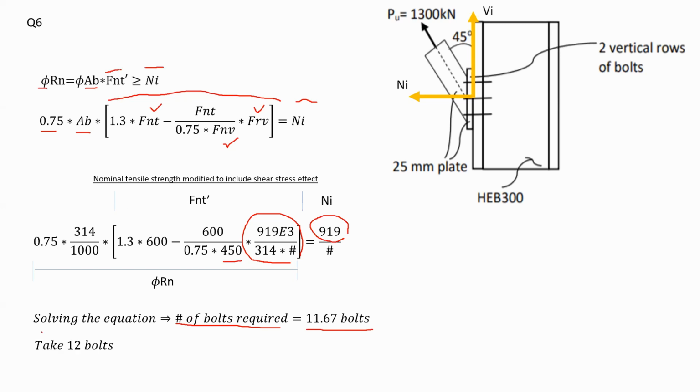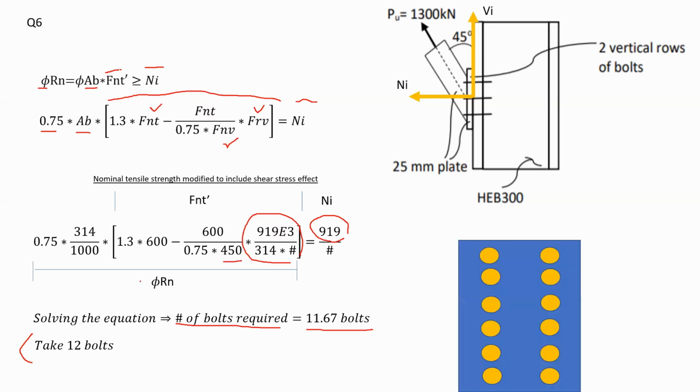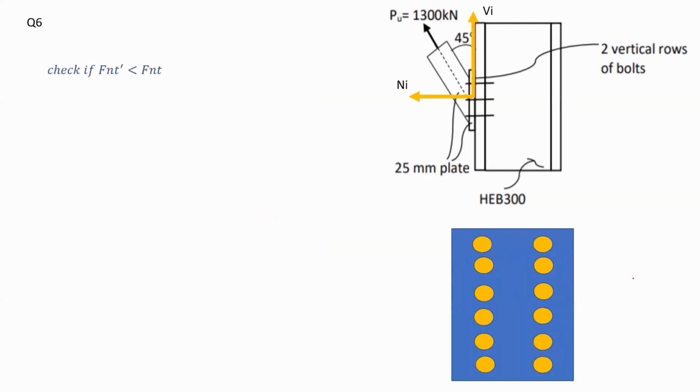Now, since you picked 12 bolts, I have to do one more check before I proceed. Here I'm showing the distribution of my 12 bolts. After picking the number of bolts, I have to check FNT dash should be less than FNT.